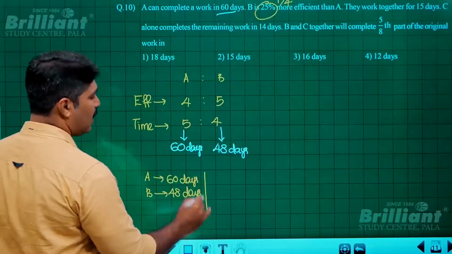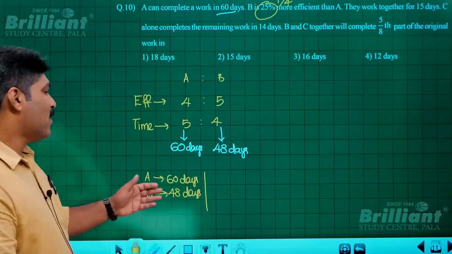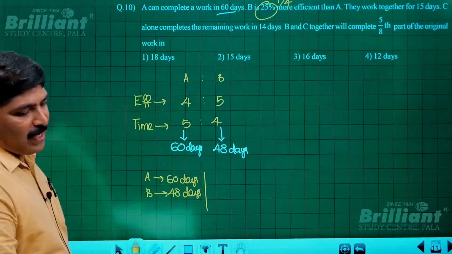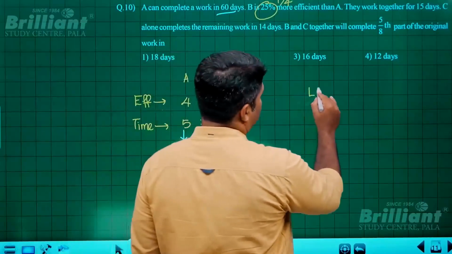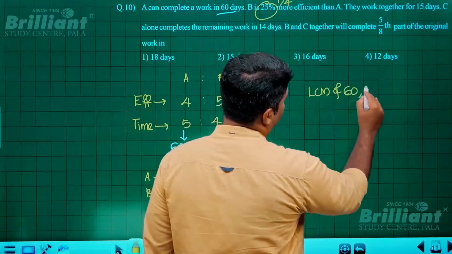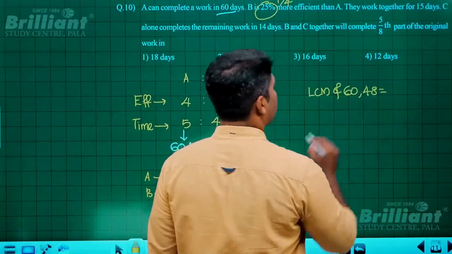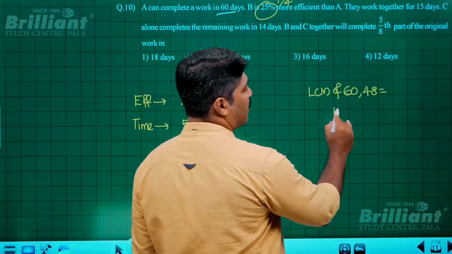So what is the LCM of 60 and 48? That's the easiest way to reach the conclusion for such a question. How to do it? Here we know that 12 is a common factor for both numbers.